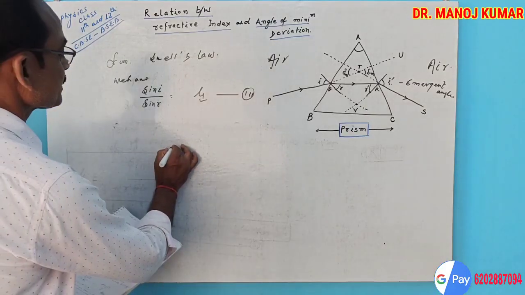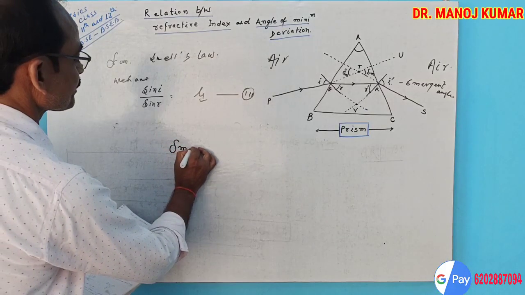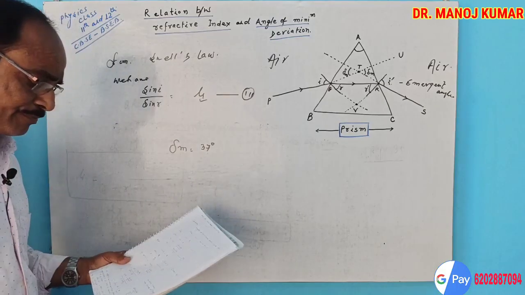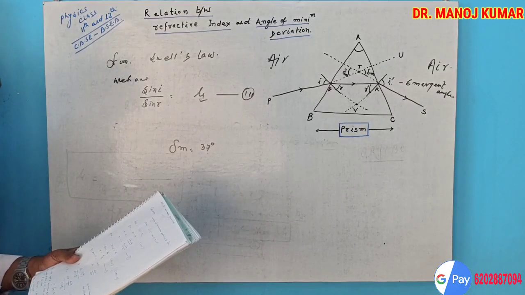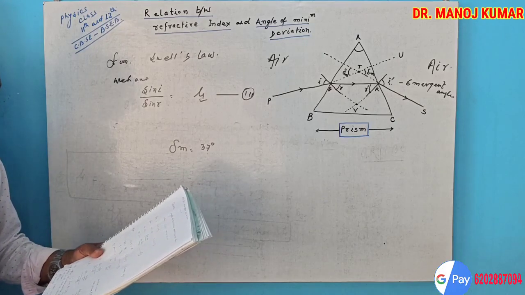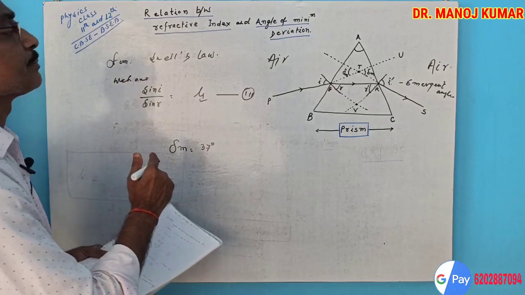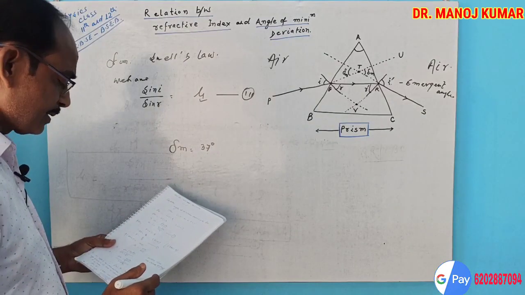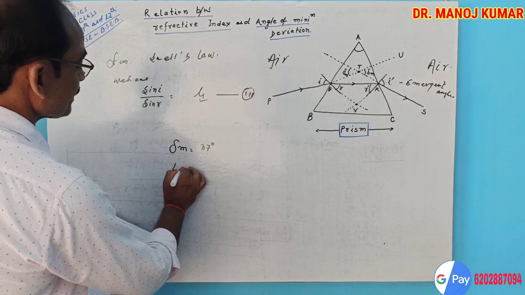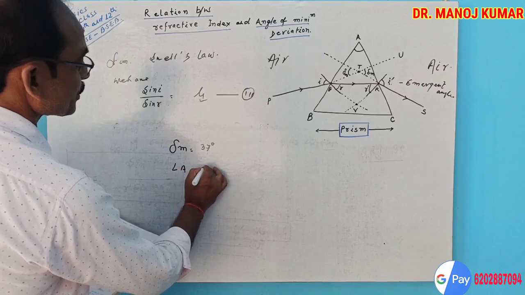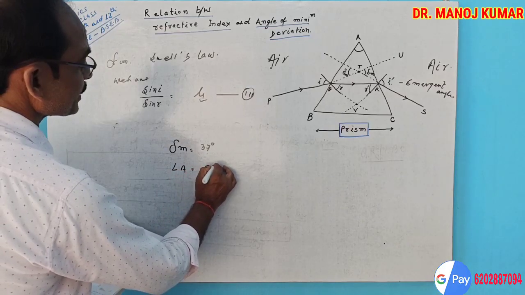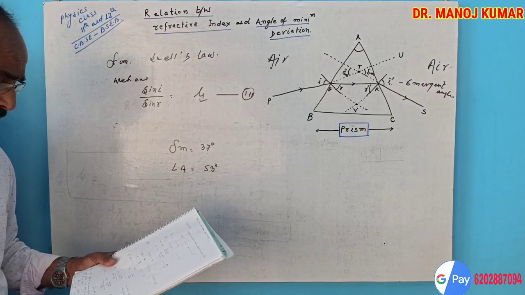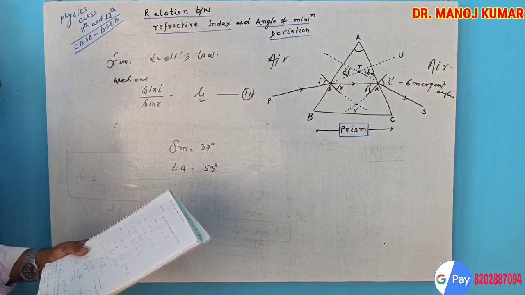That means del m equal to 37 degree, and if the angle of prism is 53, means angle A equal to 53 degree. Find the refractive index of material of the prism.